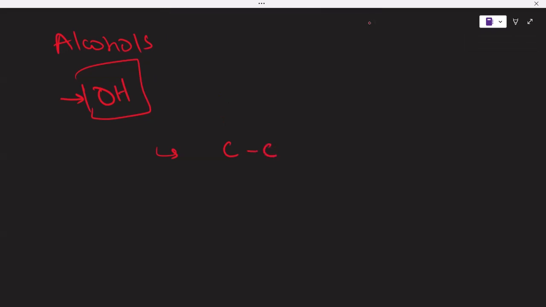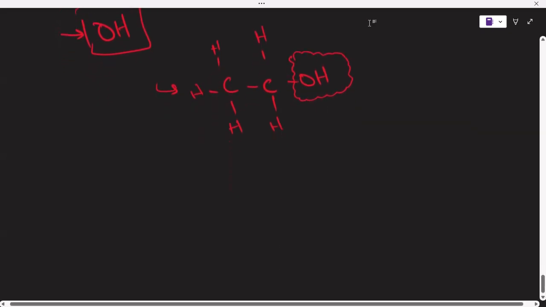Yeah. So this is a two carbon structure of an alcohol, and we'll get into details of this with every topic. So this is an alcohol molecule, and this part here is the functional group of an alcohol.